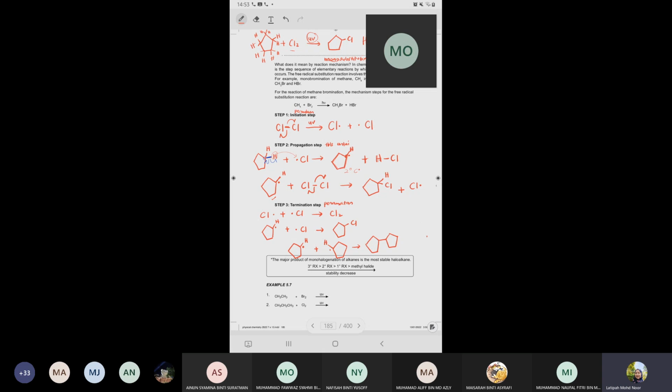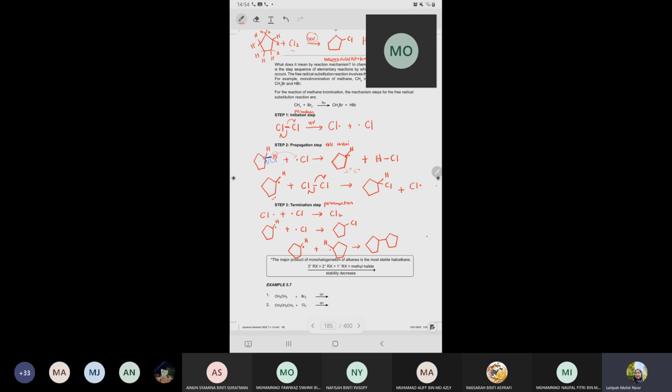Okay. So how to write termination step? We gather all of the free radicals that has been produced in step 1 and step 2. Okay, kita kumpulkan balik semua free radical yang ada dan kita reactkan sesama free radical tersebut. Okay, for example, Cl dot, okay, react with Cl dot. So dapat balik Cl2. Okay, and then we also have the free radical of cyclopentane just now.